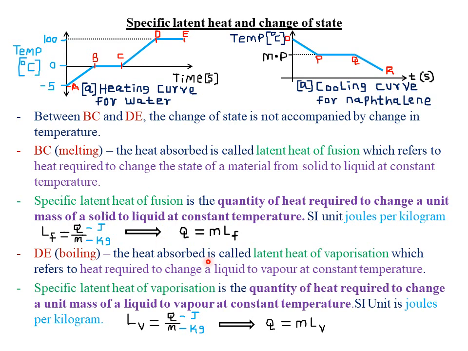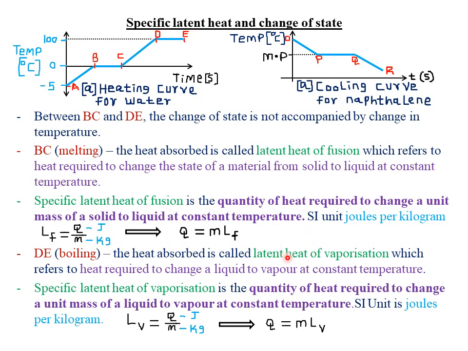The heat that is absorbed during process DE is called the latent heat of vaporization, from the word evaporation. We know that evaporation is simply the change of state from liquid to gas. We are talking of liquid water changing into gaseous water, which is steam or water vapor.